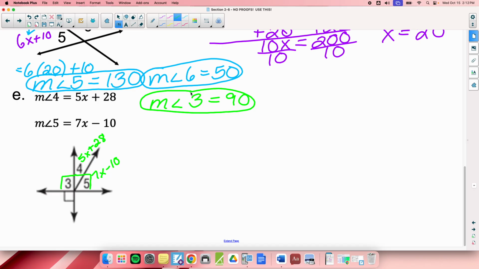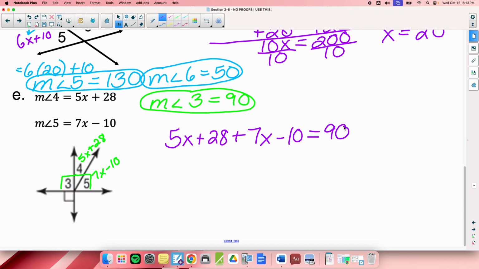Now, do you also understand that these two have to add up to 90? Okay, so what we're going to do is say 5x plus 28 plus 7x minus 10 equals 90.